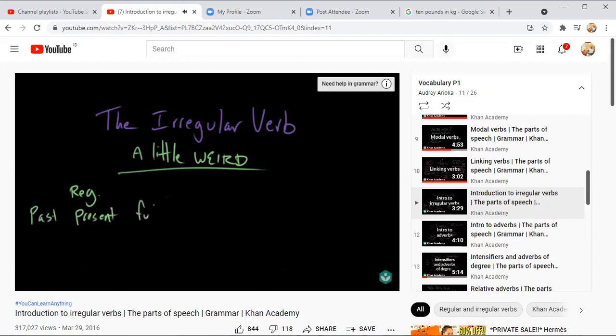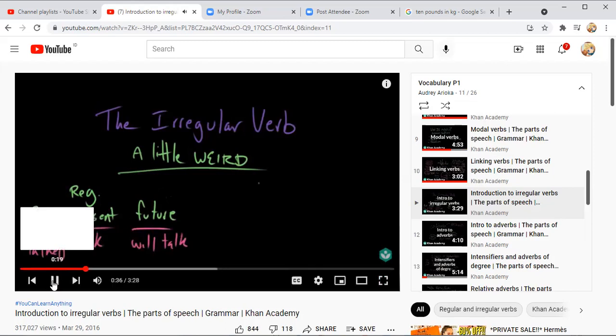Right. So if we take a regular verb and we put it in the present, future, this is present tense, talk. Future tense, will talk. Verb 1, it is future tense, and then past, okay? Verb 2 and verb 3.